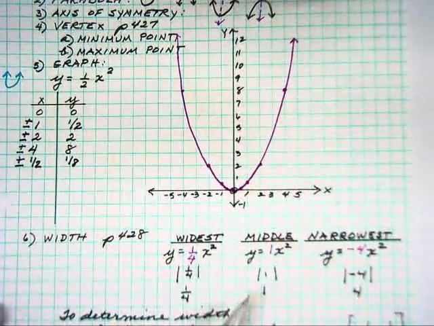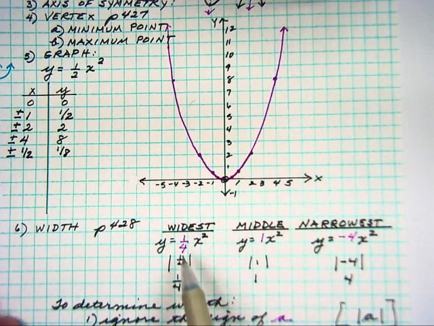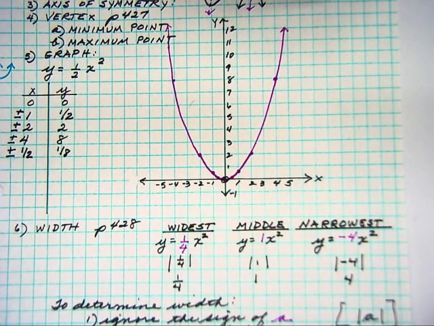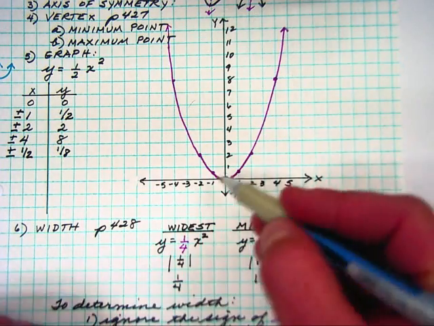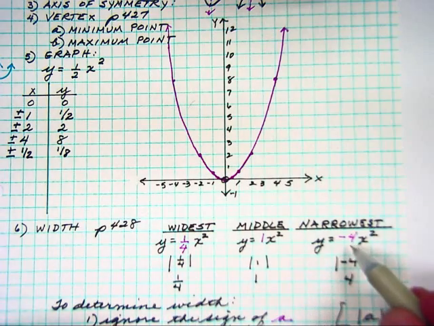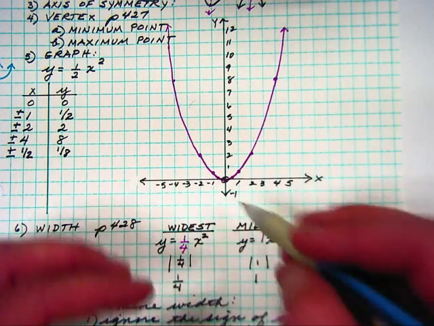Yeah, she talks right here about the width of them. This is the widest because it has a 1/4 there, so it's going to open up like that. 1x is about average, kind of like this maybe. A little bit less. This is actually 1/2. Negative 4 is going to be downwards and very steep.